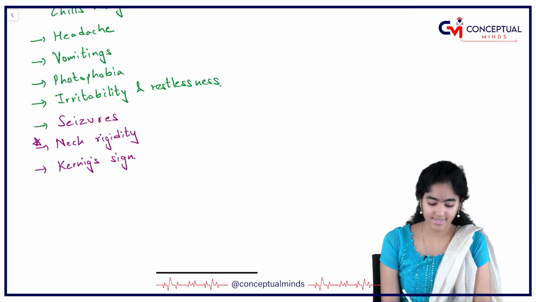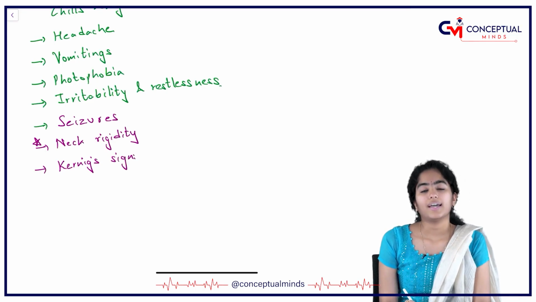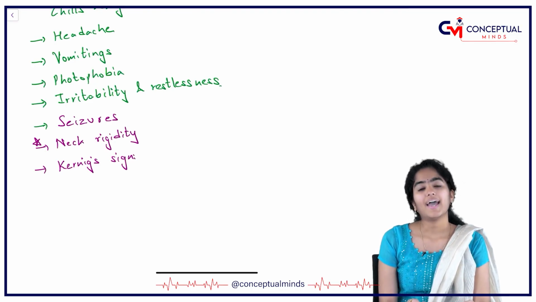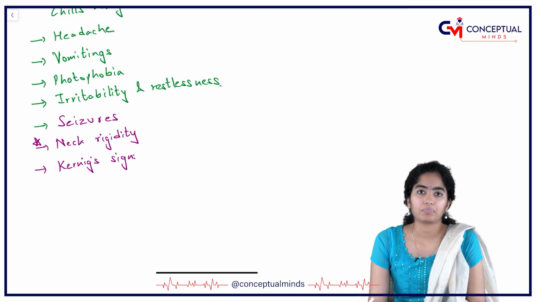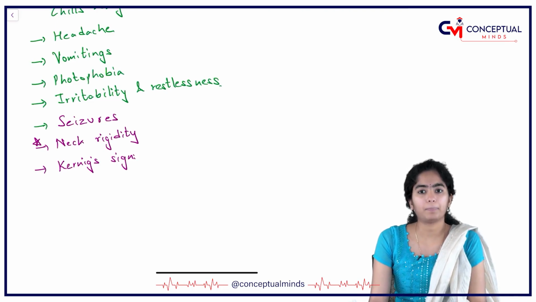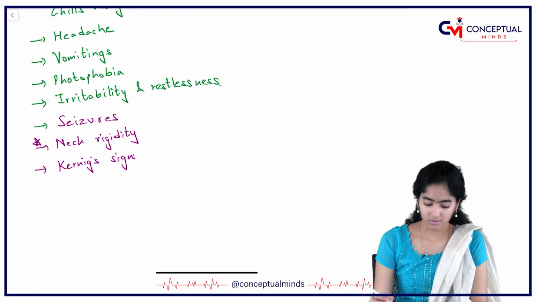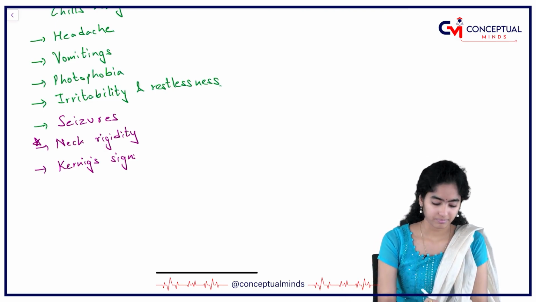What is Kernig's sign? In a patient of meningitis, when we are examining the patient, extension of the leg with flexion of the hip will cause pain to the patient. Let me show you a picture.